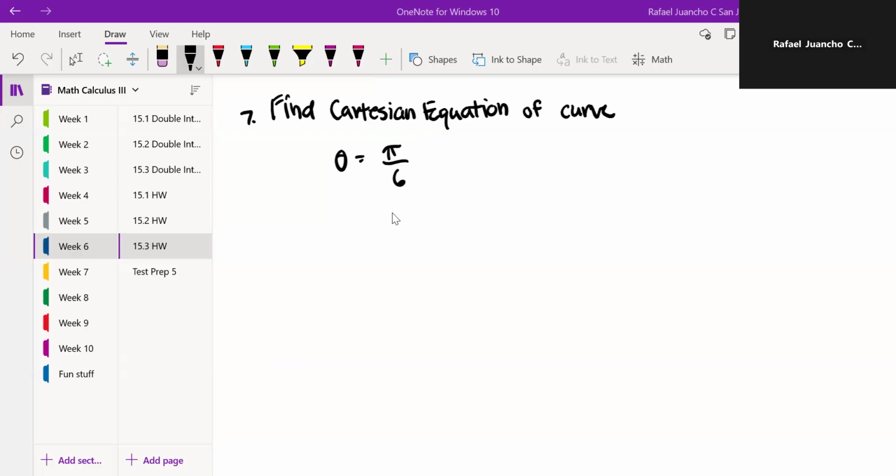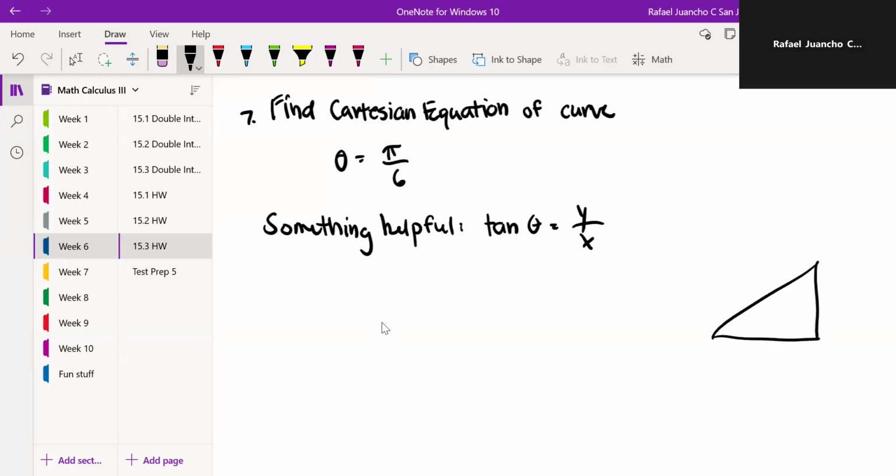So what information can we use to find y and x in terms of theta? Something helpful would be tan theta is y over x, right? Because usually we have a typical right triangle with some theta, some y and some x and some hypotenuse. That's a trigonometry topic.